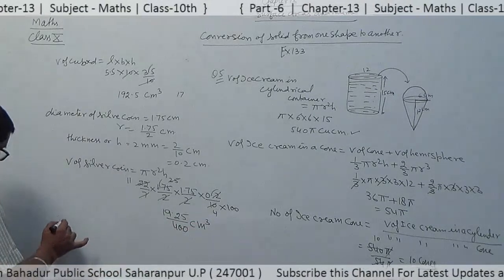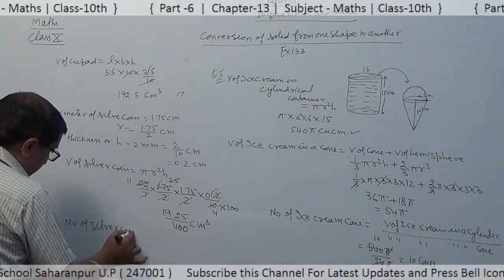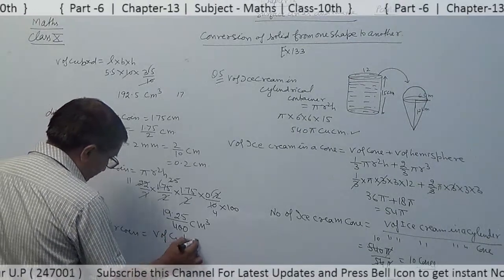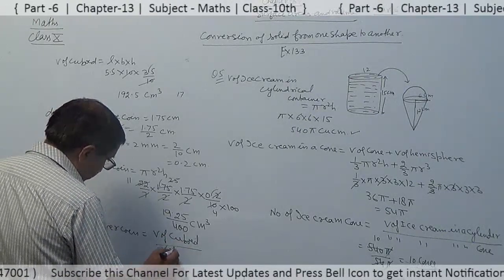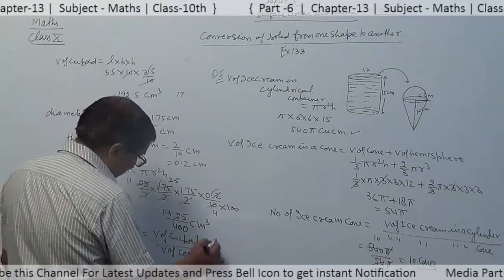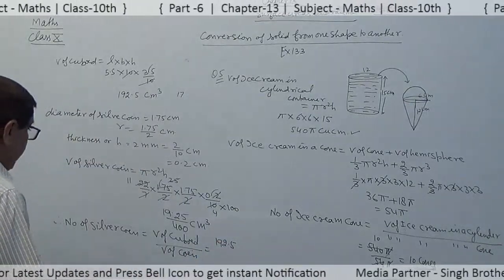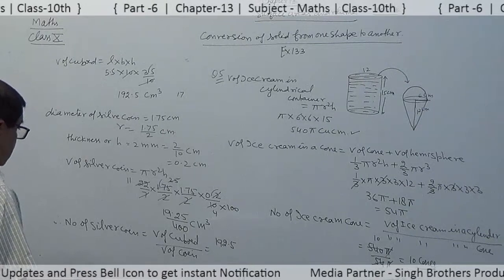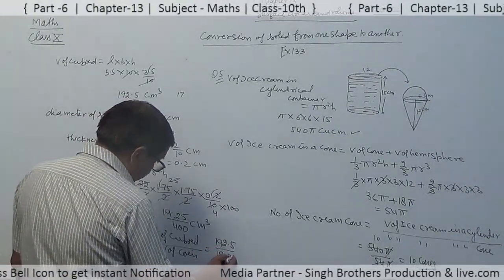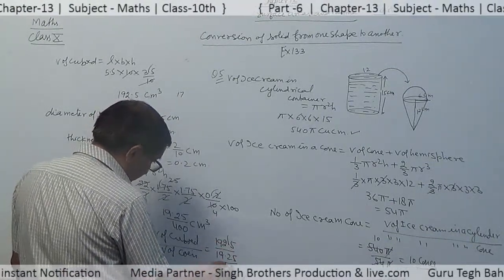Therefore, number of silver coins is equal to volume of cuboid upon volume of coin, that is equal to 192.5 upon 19.25 upon 400.